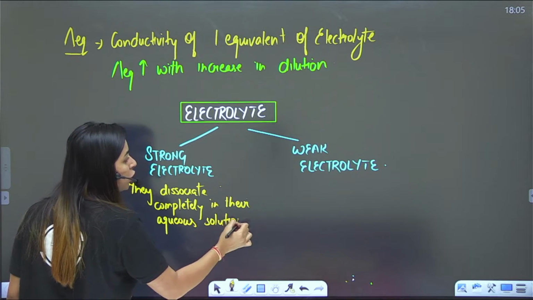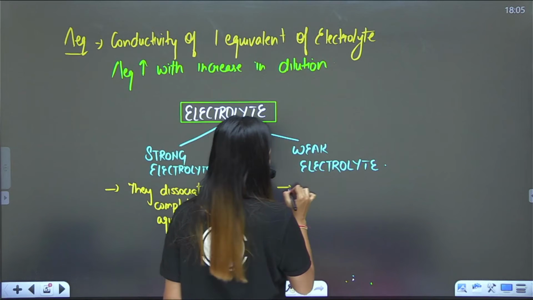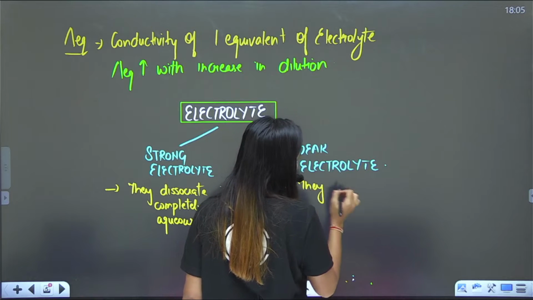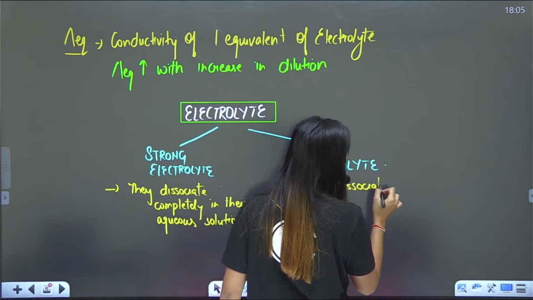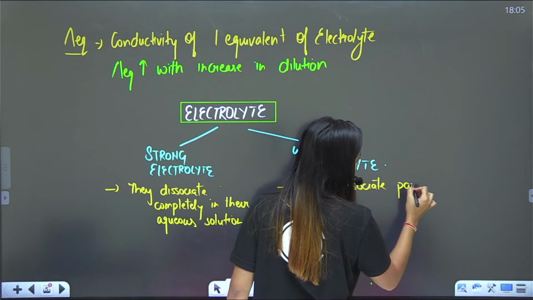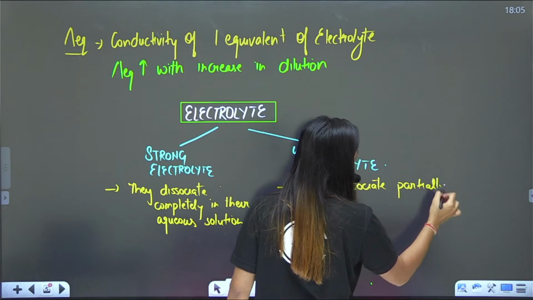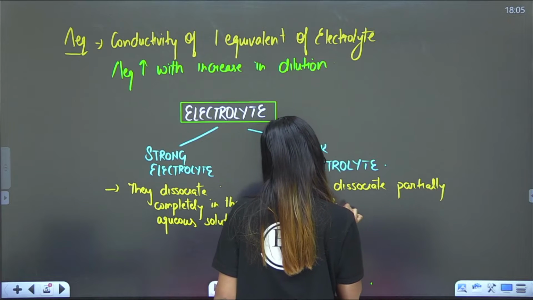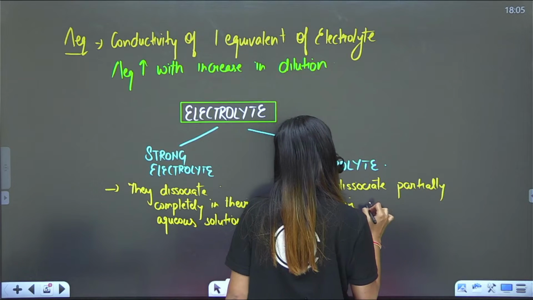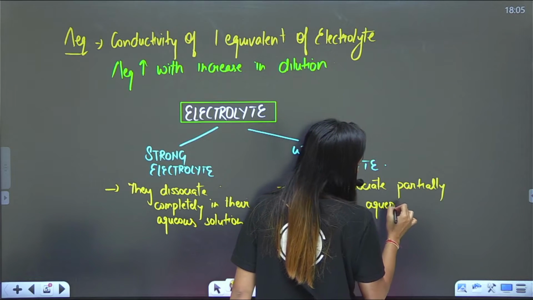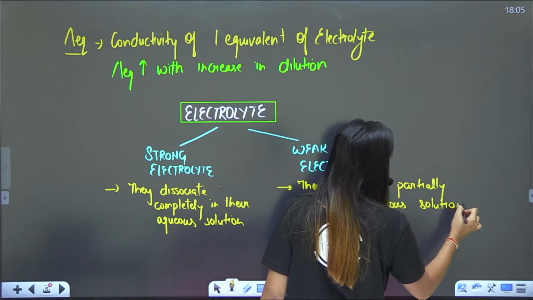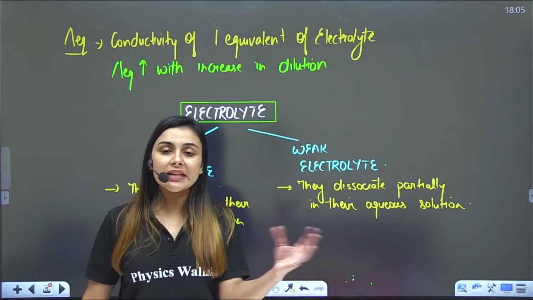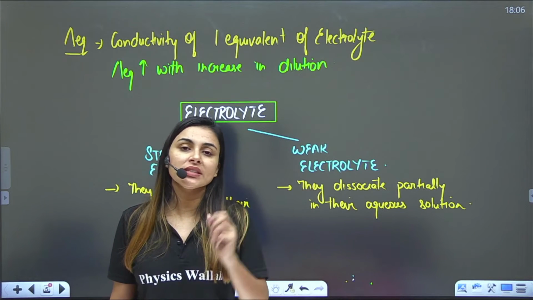And if we talk about weak electrolytes, they dissociate partially in their aqueous solution. So if a weak electrolyte is present, it will not completely dissociate, rather it will dissociate partially.